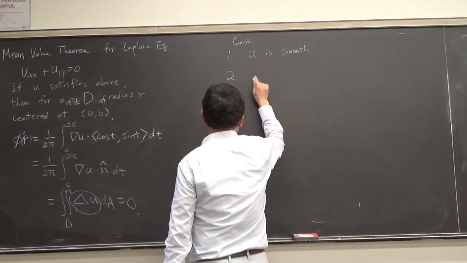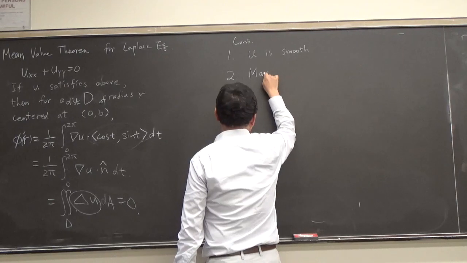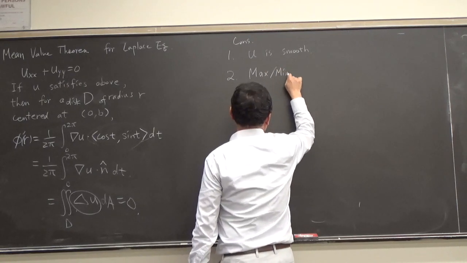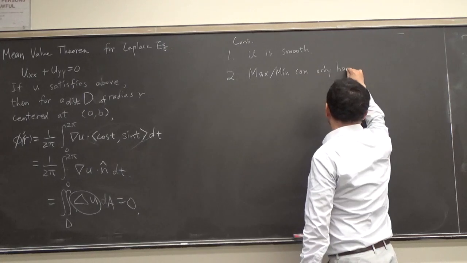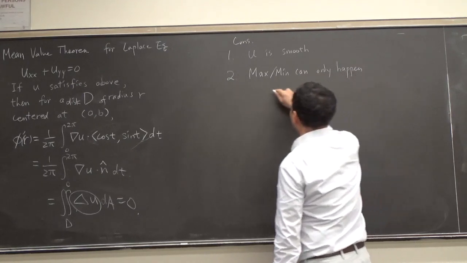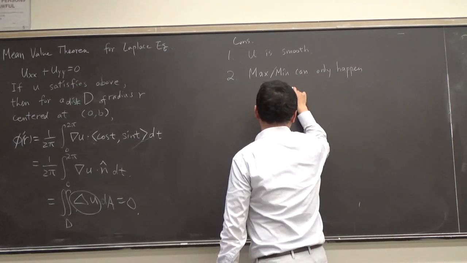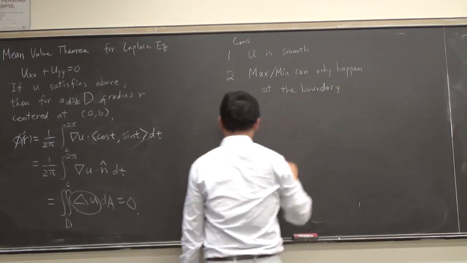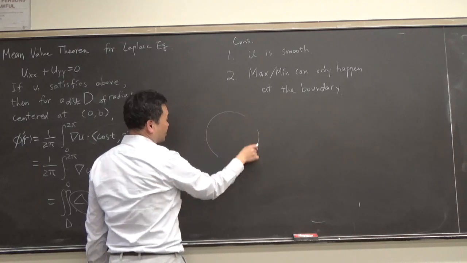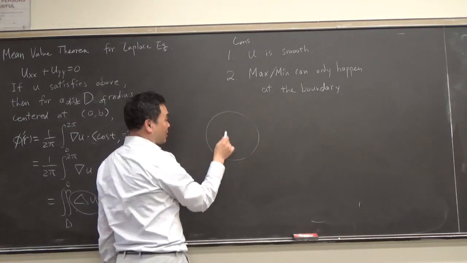Number two, max-min can only happen at the boundary. Because, let's say you solve the Laplace equation outside.